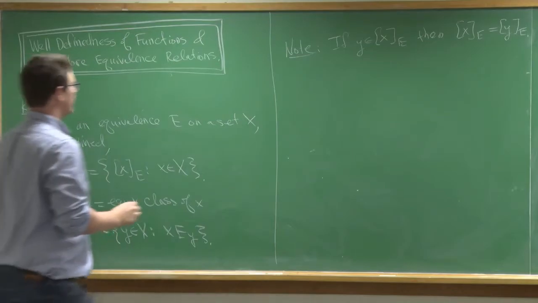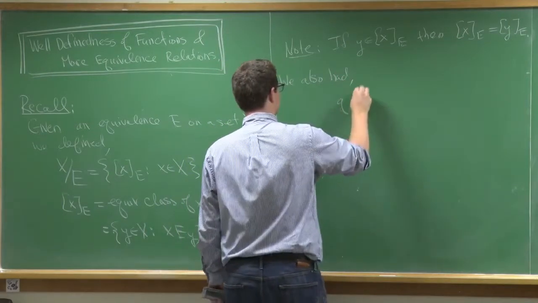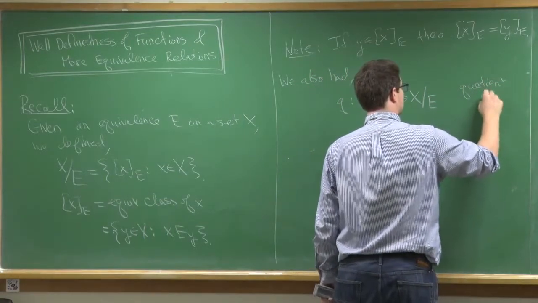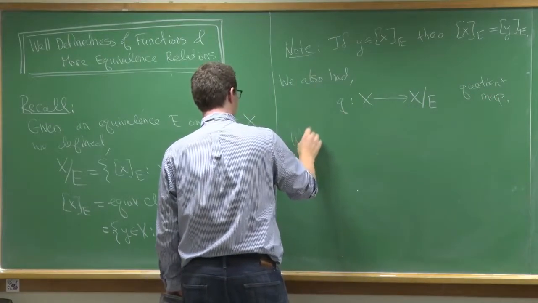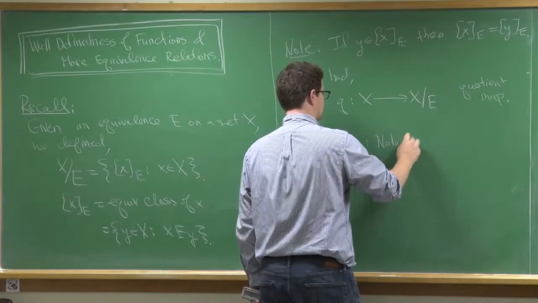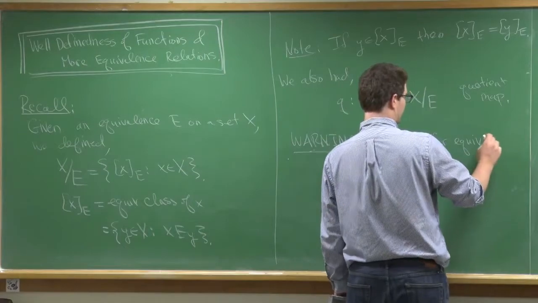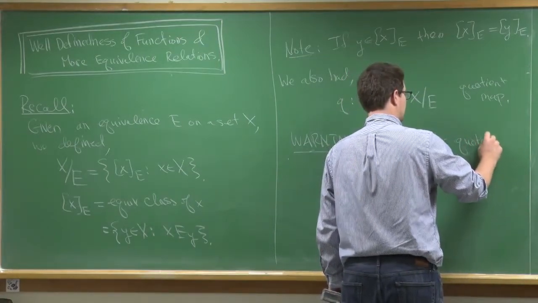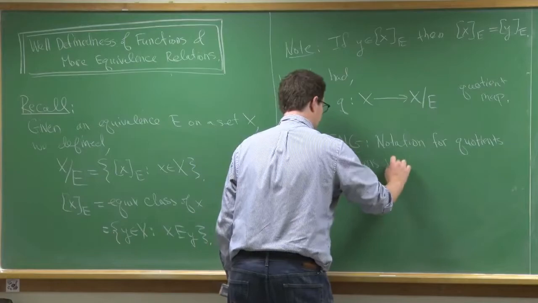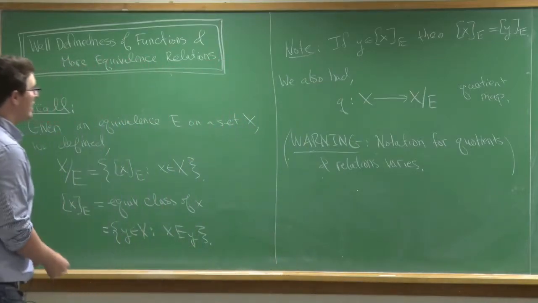And we had the quotient map from X to X mod E. Then I gave a warning that notation varies: notation for equivalence classes, equivalence relations, and notation for quotients varies. Okay, and then we had an example.